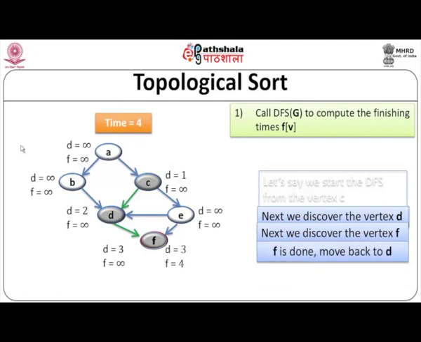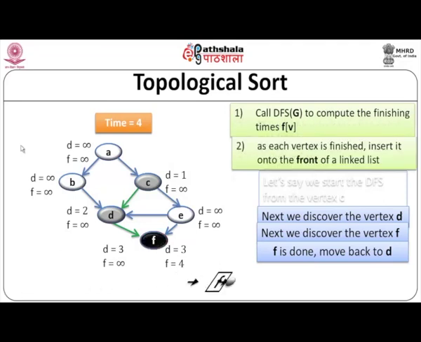F is done; we move back to D because from F you cannot go anywhere. So, F becomes finished. The way we do this topological sort using this depth first search tree is that when you have finished a node, you move back.